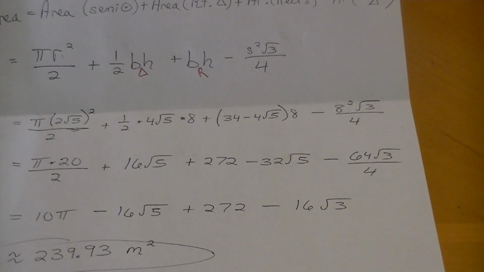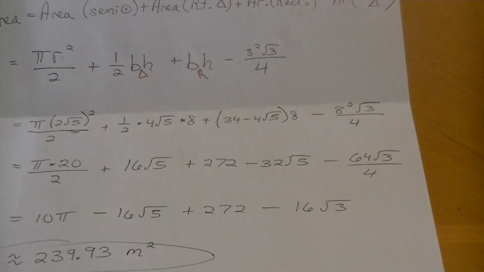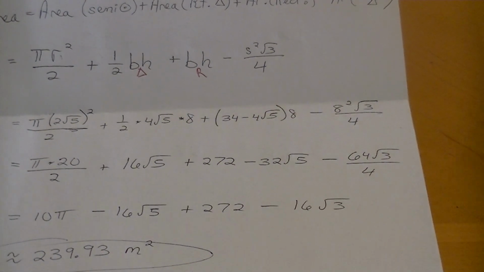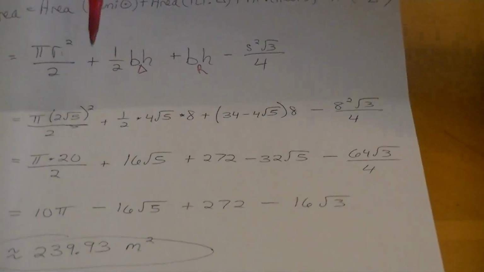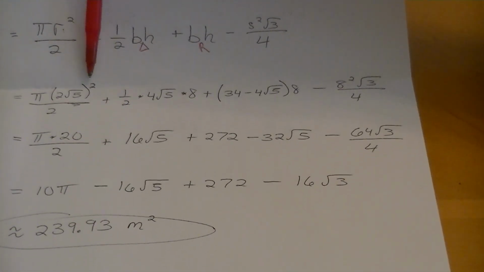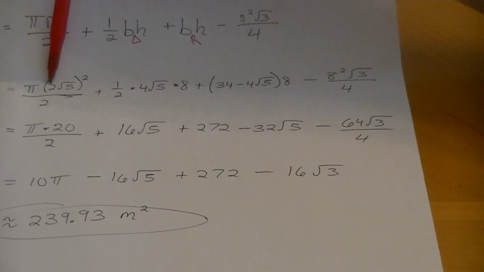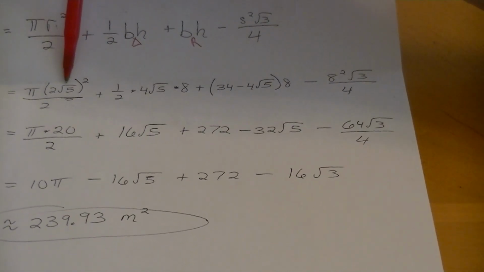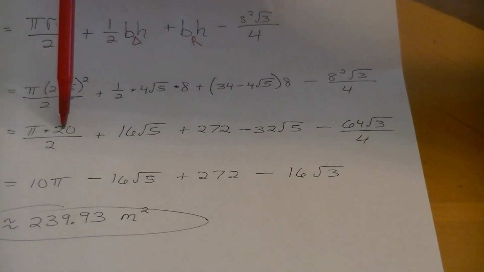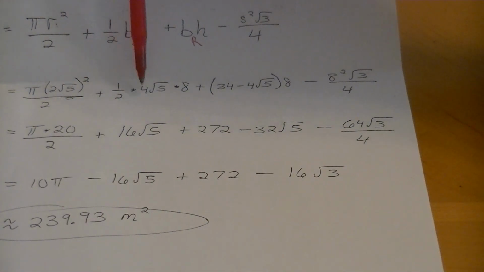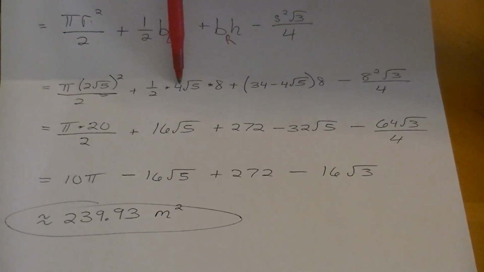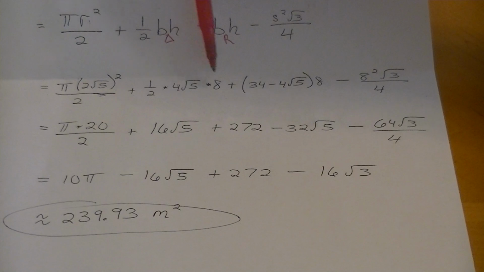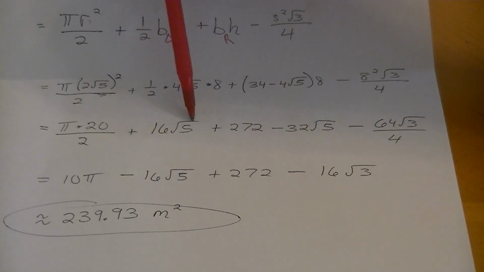Now, if you're real good with your calculator, you could type all that in and get the right answer. I don't trust myself, so I did some simplifying. 2 root 5 squared. Well, 2 squared is 4, root 5 squared is 5, 4 times 5 is 20. Half times 4 root 5 is 2 root 5, and 2 root 5 times 8 is 16 root 5.